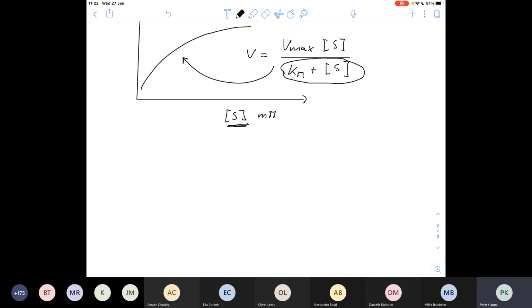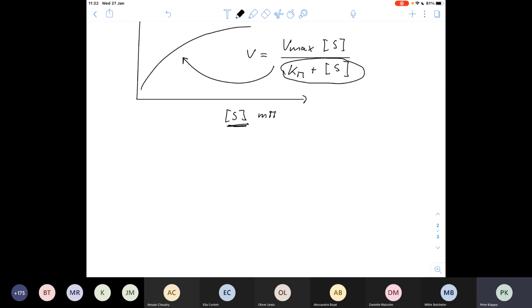There are, of course, equations for zero and first order graphs. We have done that in the BI301 module. Remember, I showed you the equations, and we even did the integration of these equations. So yes, there are, but they don't apply here because technically speaking, we don't have zero or first order reactions when we look at enzymes.